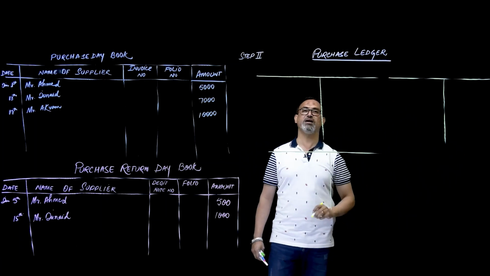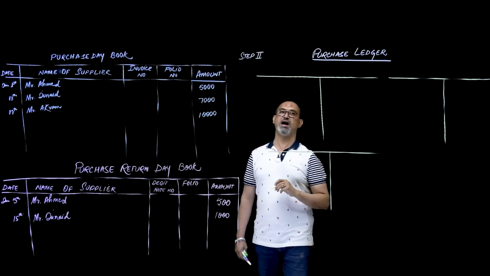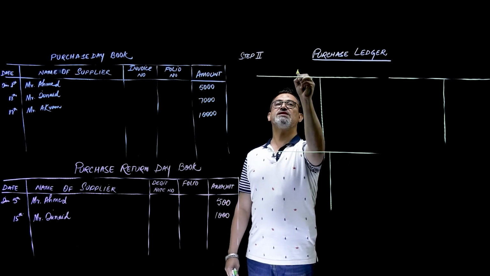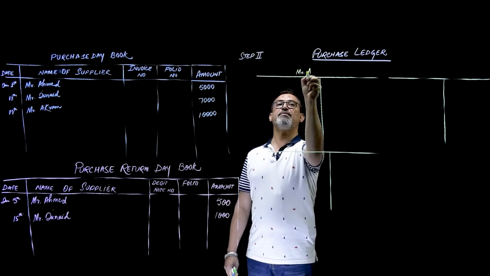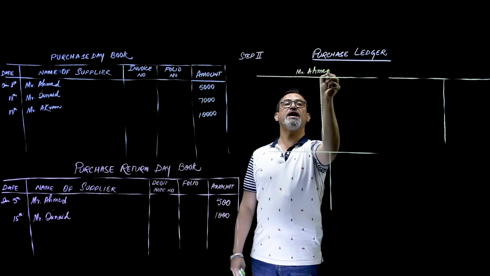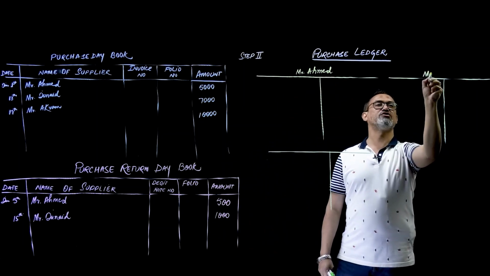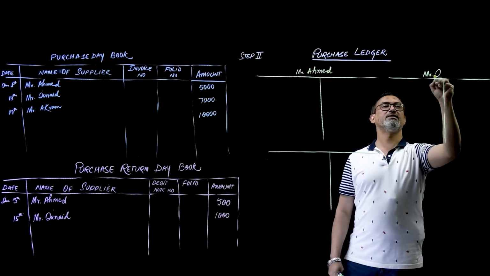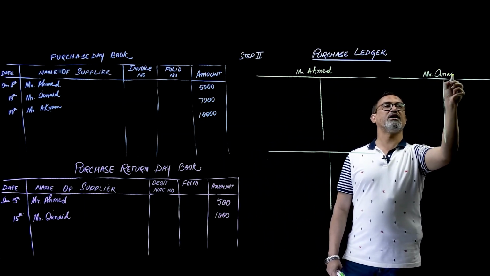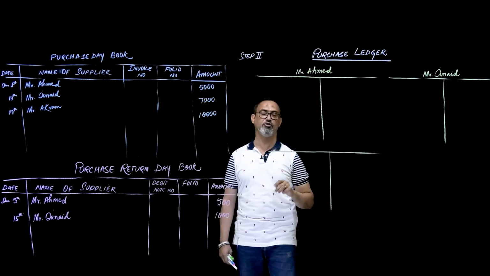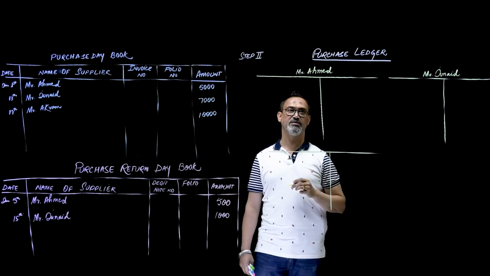So we have to prepare all individual suppliers' accounts in the purchase ledger. The first one is Mr. Ahmed, and as we know, when we purchase goods from a supplier, the double entry for recording purchases is purchases debit and accounts payable credit.